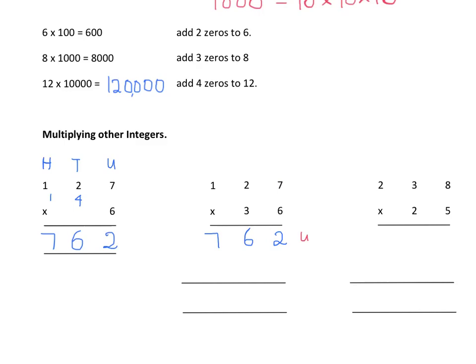So that means, well, we're going to have absolutely no units here. So we can put a 0 there. And then we can just forget that the 3 is a 10 and just multiply through. So then 3 times 7 is 21. The 1 is a 10, and the 2 needs to be carried.